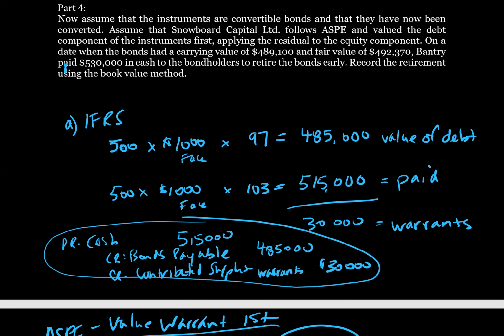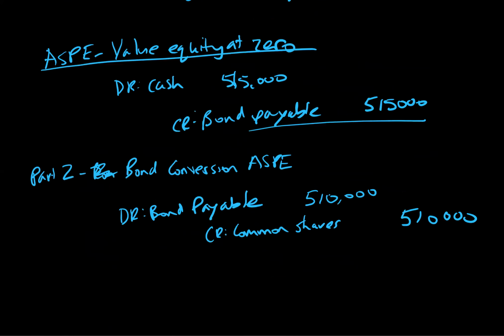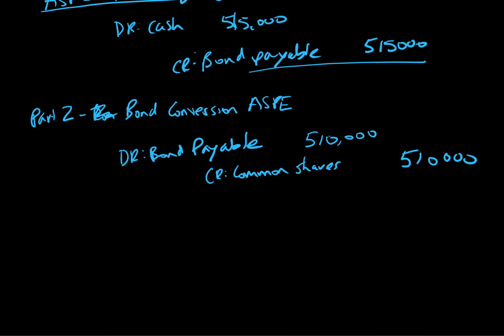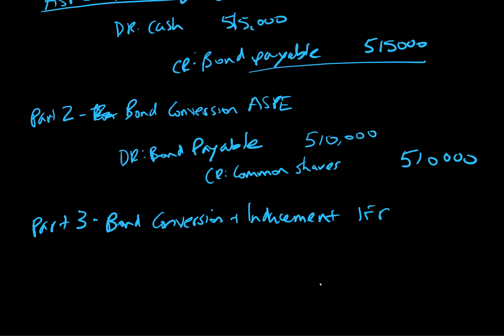So let's see what we've got. We know that we need to clear out this entry. So let's go down here. This is going to be part 3, bond conversion IFRS, bond conversion and inducement IFRS.